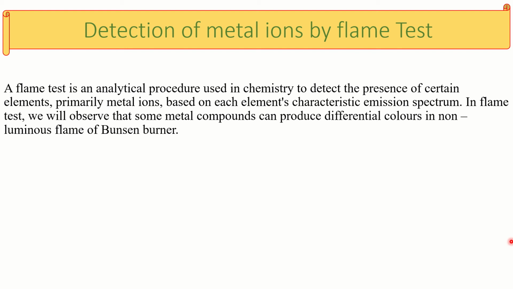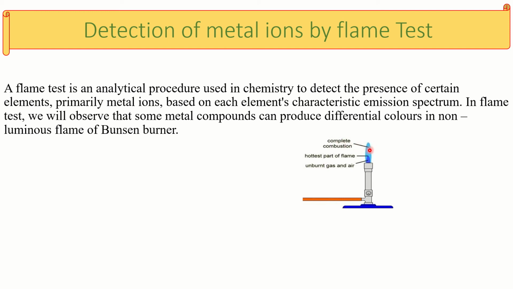What is the non-luminous flame of a Bunsen burner? You all know about the Bunsen burner. Look, this is a picture of a Bunsen burner. Here, the outer zone of the Bunsen burner produces the non-luminous flame. This outer zone is also called the oxidizing zone.